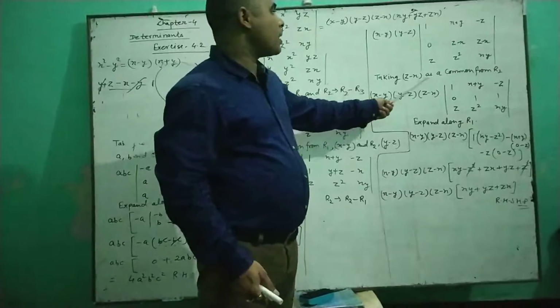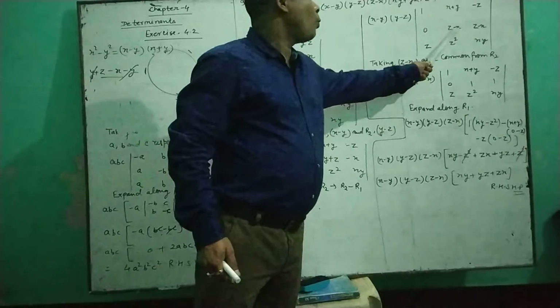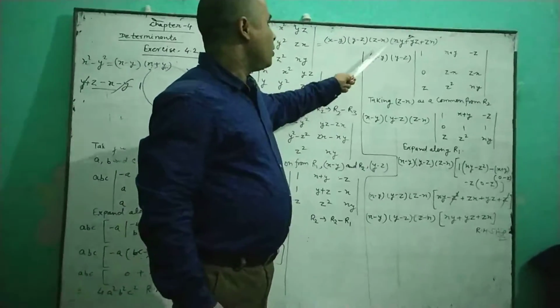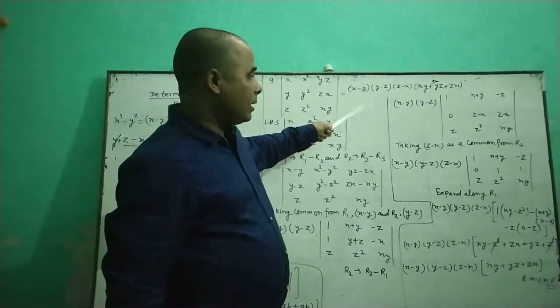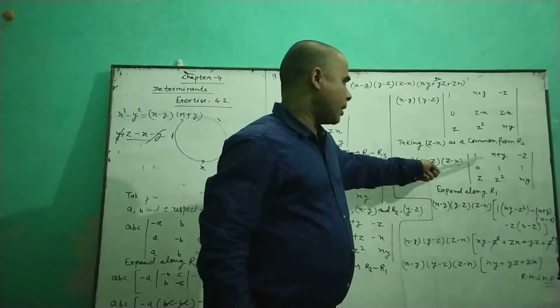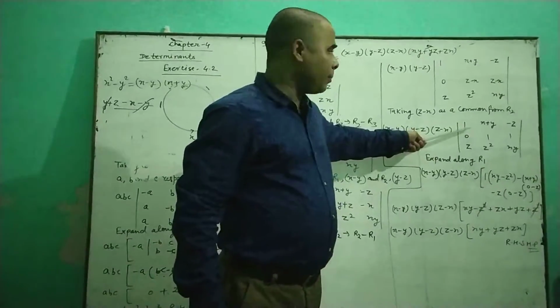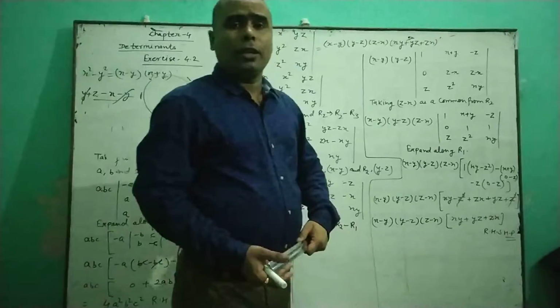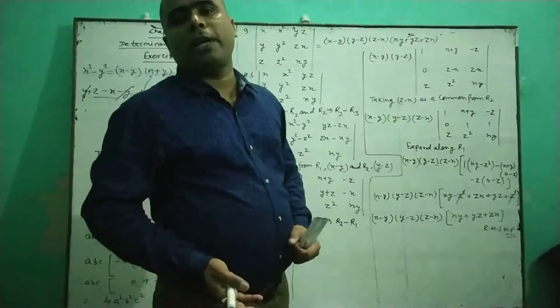Now taking z minus x as common from R2, we can take common z minus x, x minus y, y minus z, these three values. Now we get the determinant 1, x plus y, minus z; 0, 1, 1; z square, xy. Then we have to expand along R1.